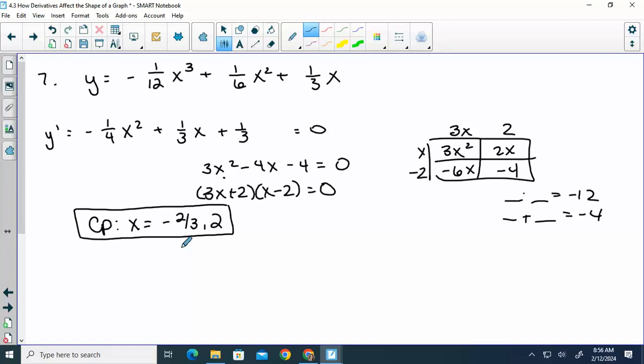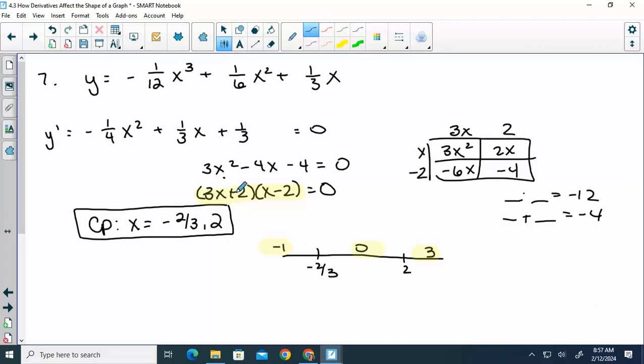We need to find increasing, decreasing, max, and min, so we need a sign line. So, these points on it. Something smaller, in between, and bigger. And where do we plug these in? The derivative. So those go in here, and we're just checking positive or negative. We don't care what they equal, just the sign.